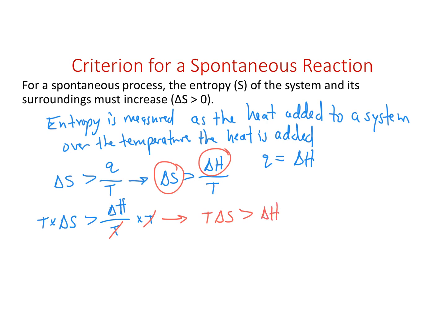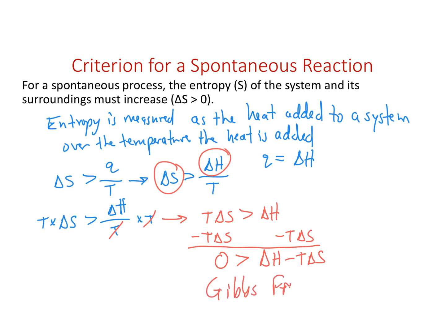I want to know what this value is when I put all three of these together. So I'm just going to subtract temperature times my entropy from both sides, to get that 0 needs to be greater than delta H minus T delta S. And this is the equation for Gibbs free energy.